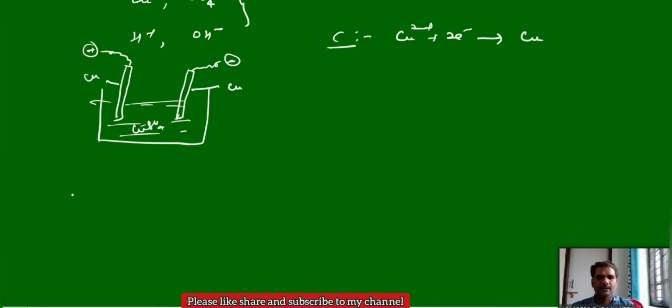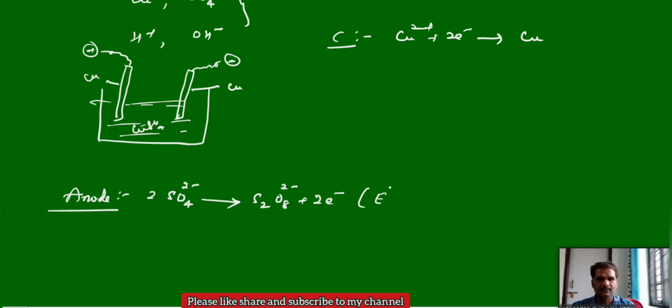First, at the anode, what type of reactions can take place? Anode means oxidation. You have the sulfate ion and OH- ion. OH- ion can come from water. So you can take the reactions. First, sulfate. When it undergoes oxidation, it can give S2O8 2- plus 2 electrons.